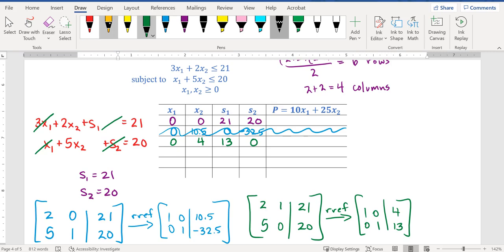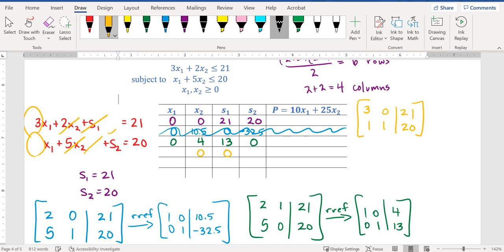Let's go do this again. This time, I'm going to let x2 be 0 and s1 be 0. x2 is gone and s1 is gone. So my system will be 3, 0, 21 and 1, 1, 20. Where am I getting those numbers? They're the numbers here.